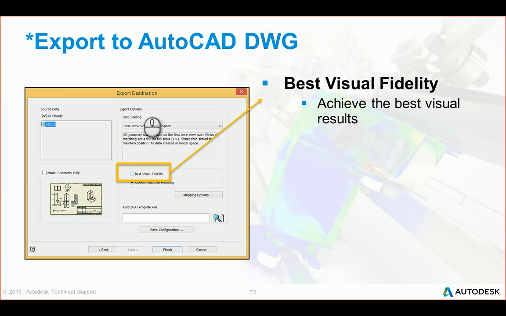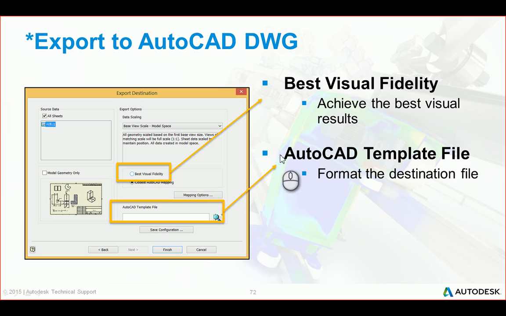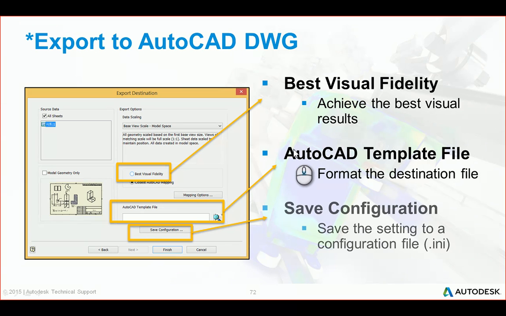So a lot of them, if you go into AutoCAD, you put the closest AutoCAD mapping, and then it'll use your 1 through 255s. And then you can use a specific AutoCAD template file. So if you want to come in and have certain information, you have it, and then you can save it.